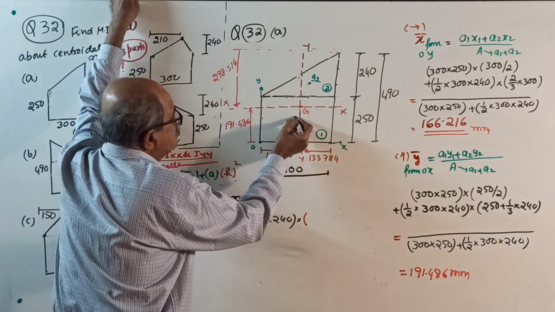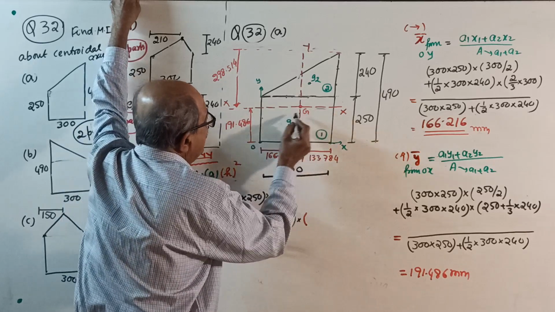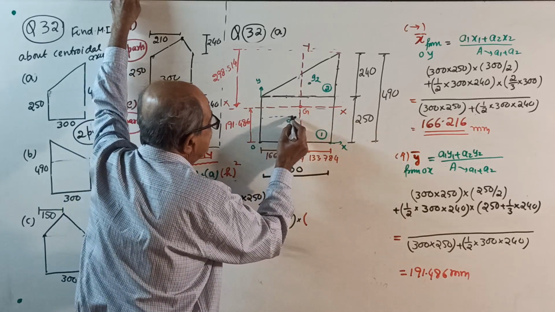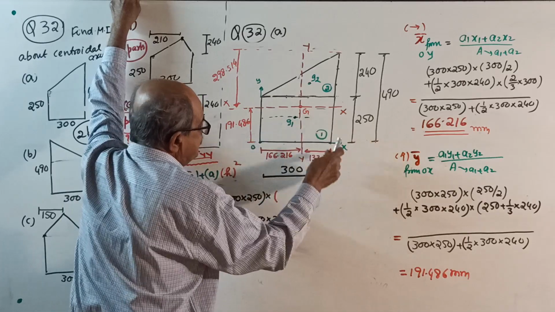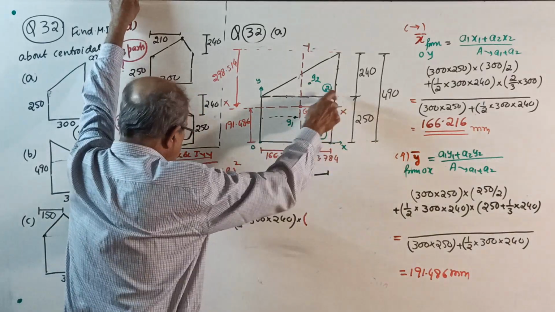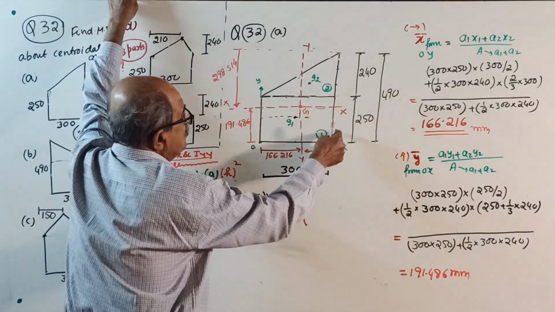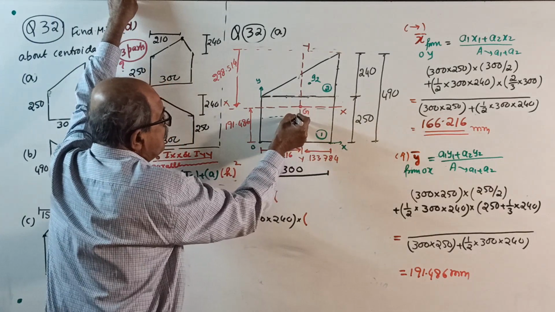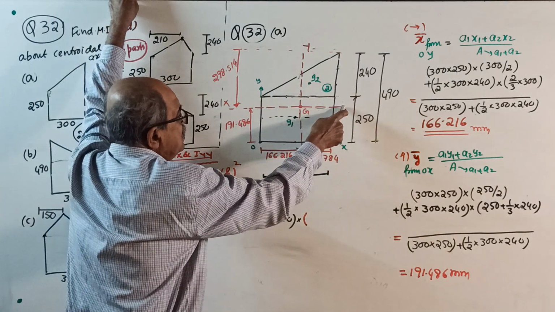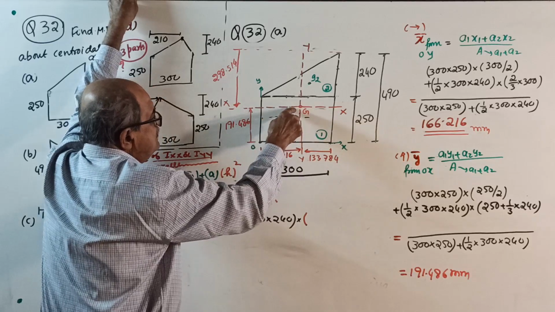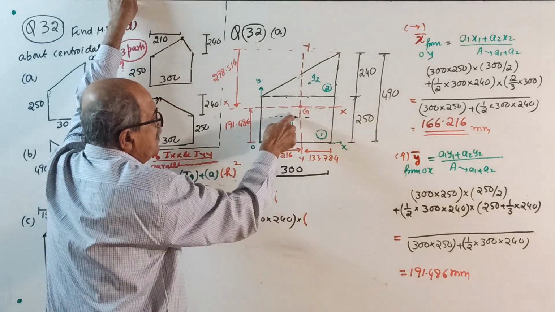Come to centroid. Axis passing through centroid and parallel to x-axis, see, this axis. 300 into 250 cube by 12 plus area, 300 into 250, into from centroid G1 to the x-axis, this distance square, perpendicular distance square.